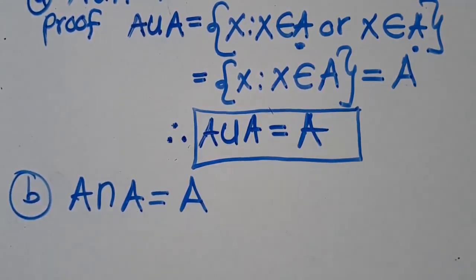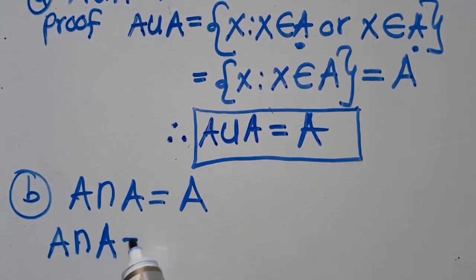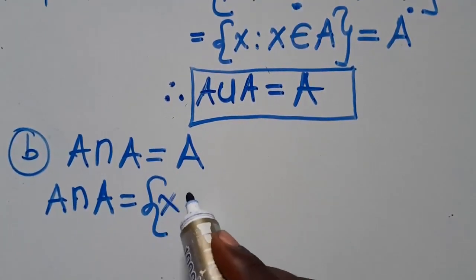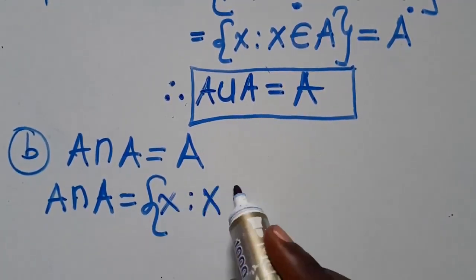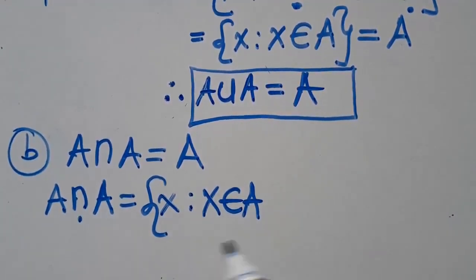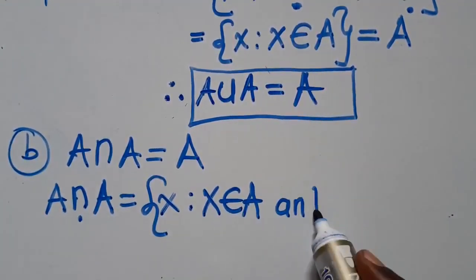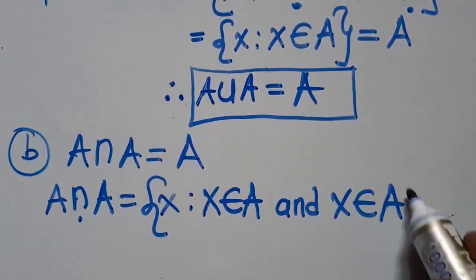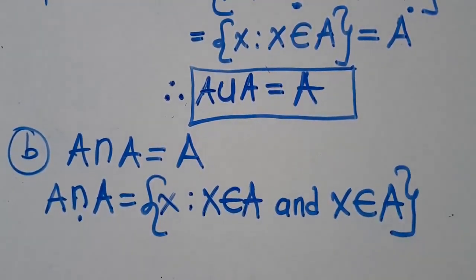So A intersection A is equal to A. What does this mean? We are using set builder notation, where you say X such that X is a member of A. There is intersection there, so we say and X is a member of A. Have you seen?